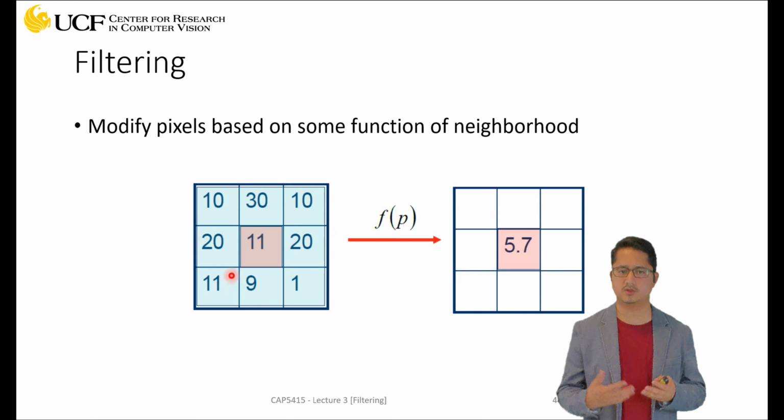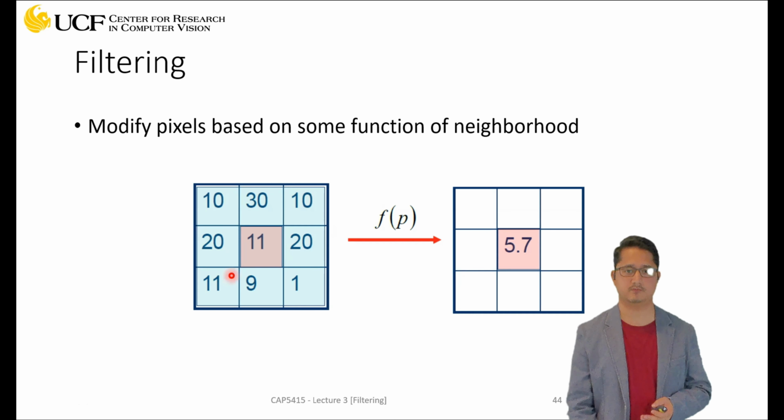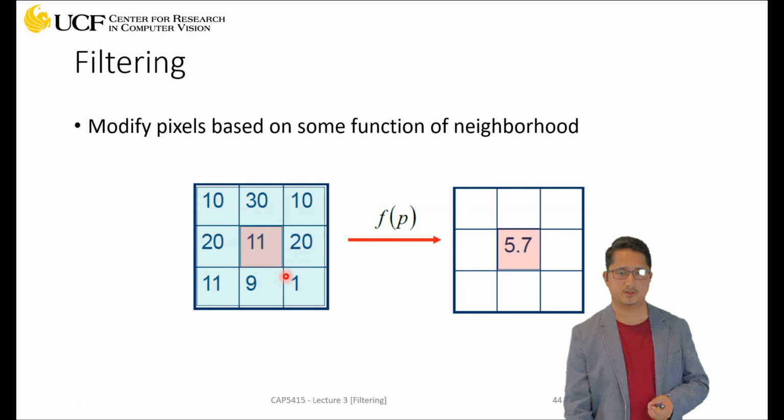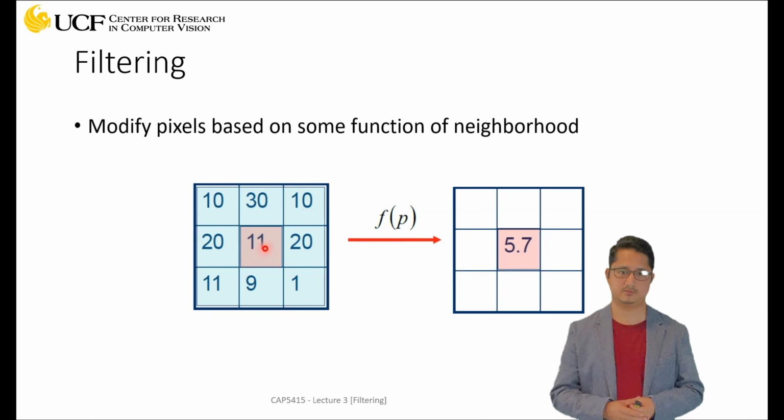Right now, we don't know how it's going to utilize them, but it will make use of all these values. And after doing that, it will come up with a number. And that number will replace the location which we are interested in.